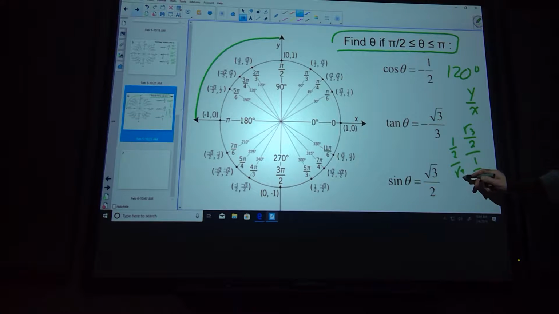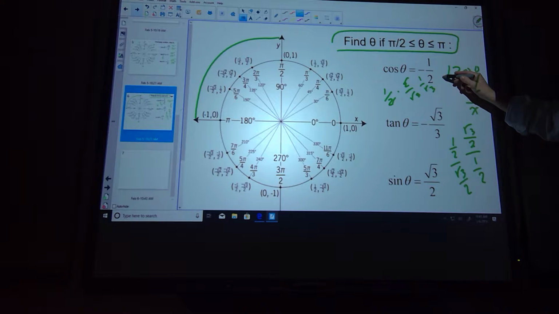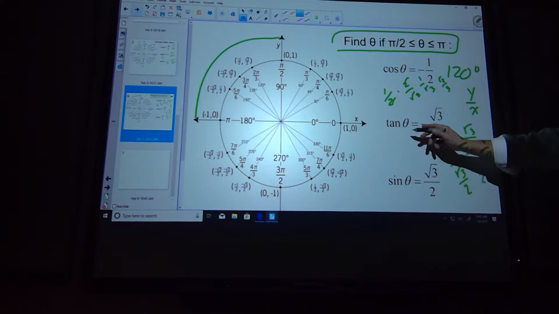So when I do the reciprocal, that becomes 1 over 2 times 2 over √3. Cancel, so I get 1 over √3. Rationalize that, multiply top and bottom, so I get √3 over 3. So I need my x value to be √3 over 2 in that quadrant. 150. There you go.